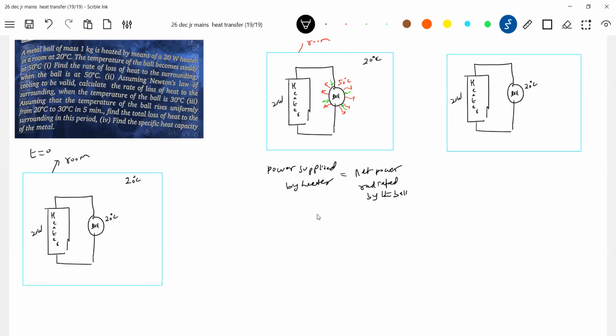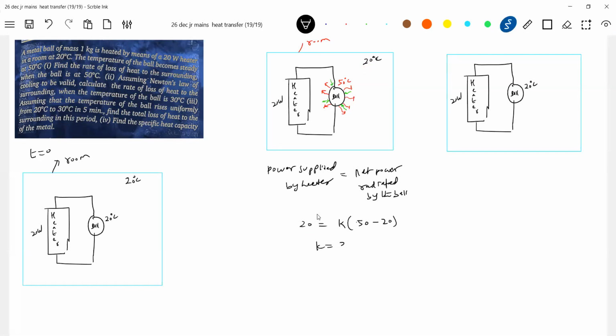What do you mean by net power radiated? How do you write it? We don't know that K, no? What is that K? Mass, specific heat, emissivity, all things will come into the picture. We don't know that. That should be equal to K times the temperature difference. Temperature of the ball is how much? 50 minus 20, that of the surroundings. This room will become the surroundings. So with this, I'll get the value of K.